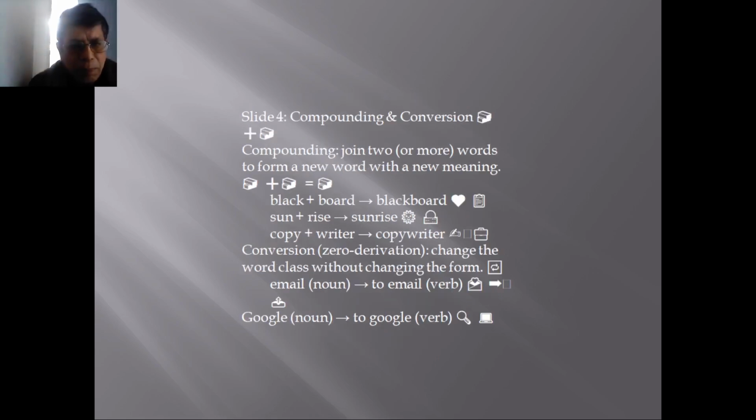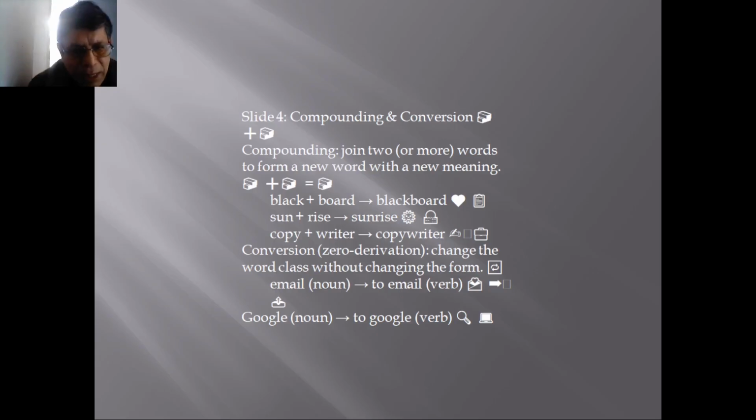Now, compounding and conversion. Compounding means joining two or more words to form a new word with a new meaning. Black plus board becomes blackboard.